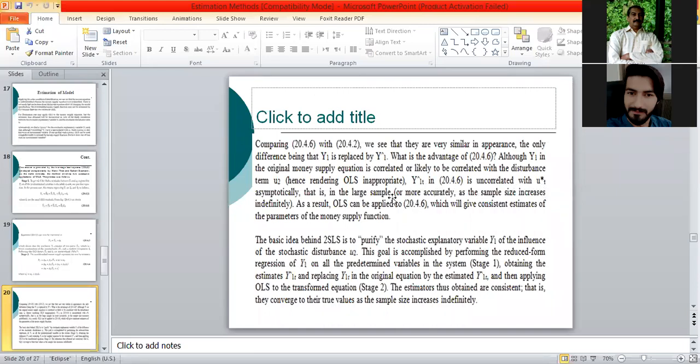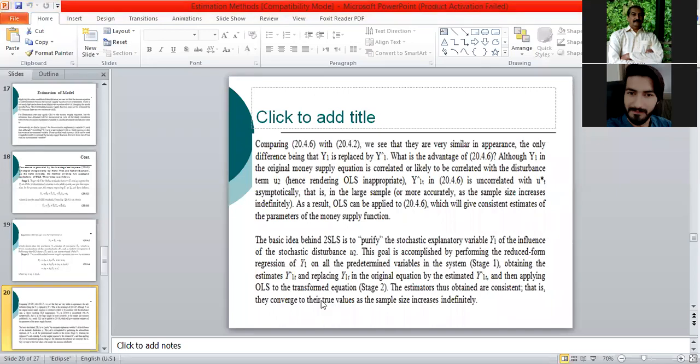So as the sample size increases, OLS can be applied. As a result of replacing the original Y1 with the estimated Y1, we can apply OLS to estimate the equations, and the estimates achieved will be consistent estimates.